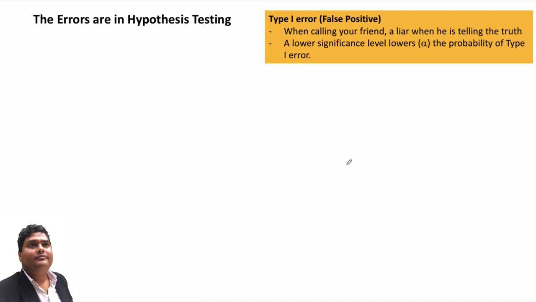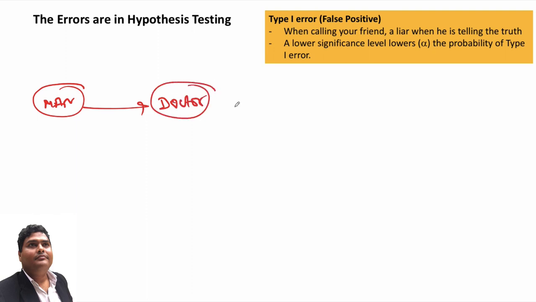Now take another example. Let's say a man has gone to a doctor, and the doctor checked and said that the man is pregnant. Is it possible? You know it is not possible, it is highly impossible, but you say no, the doctor said the man is pregnant, so the man is pregnant. In that case, what happens?